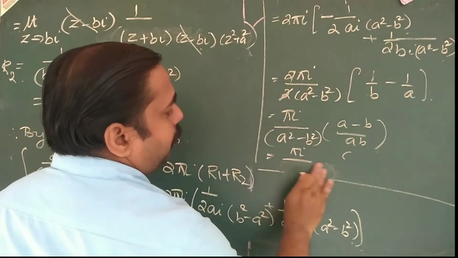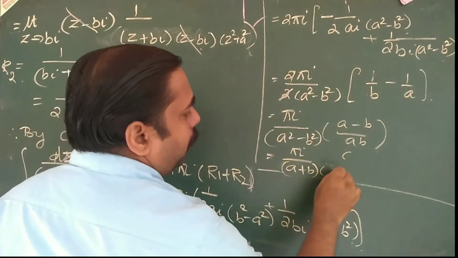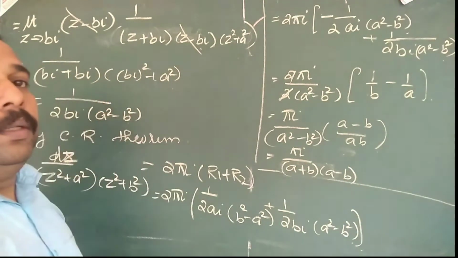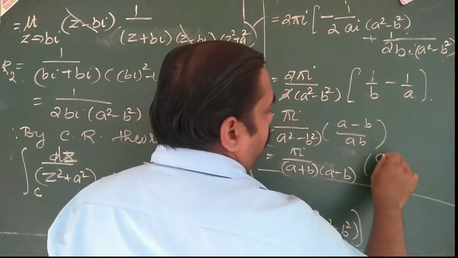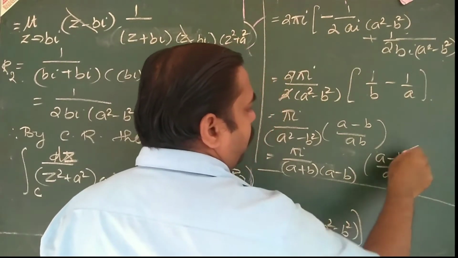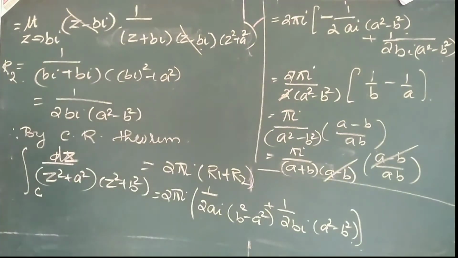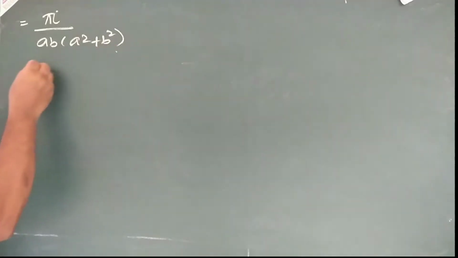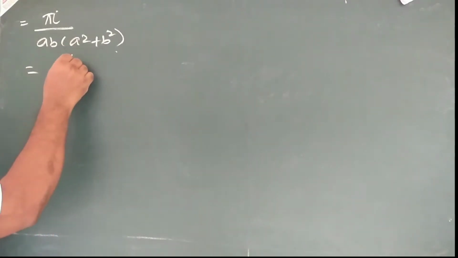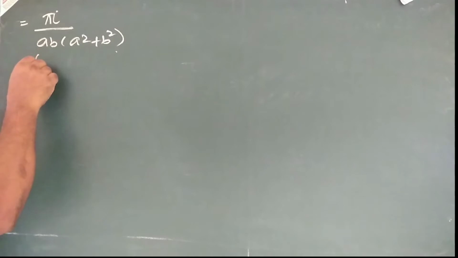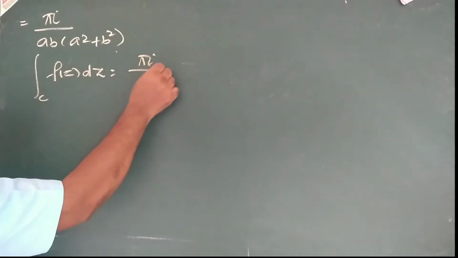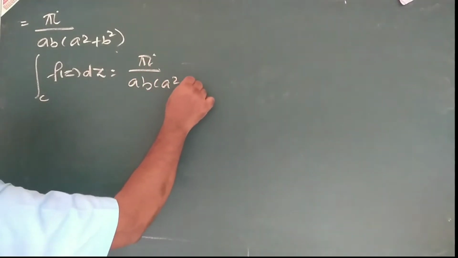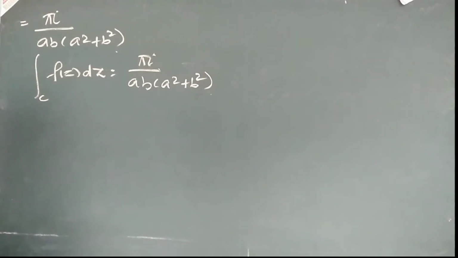This can be written as (a plus b) into (a minus b). So this a square minus b square can be written as (a plus b) into (a minus b), divided by ab. So this cancels. So this value is equal to, integral over C f of z dz is equal to pi i by ab into (a plus b).